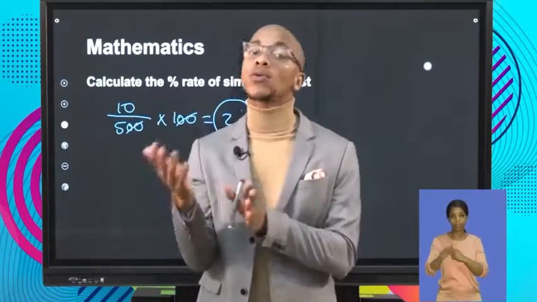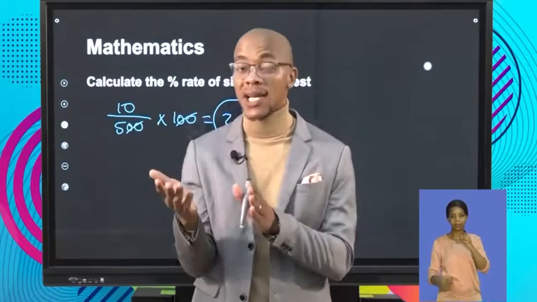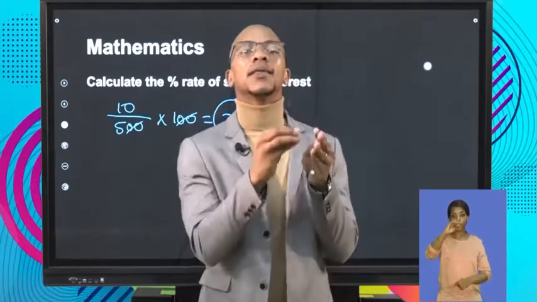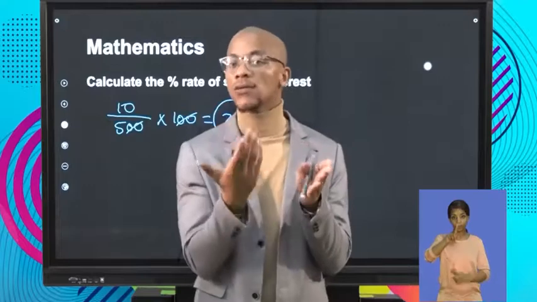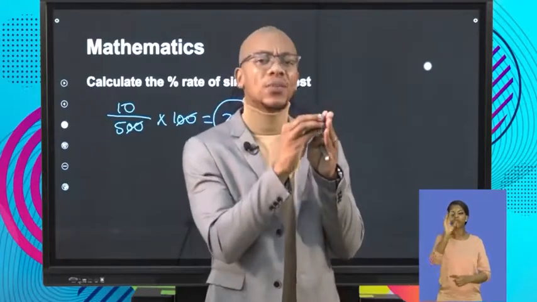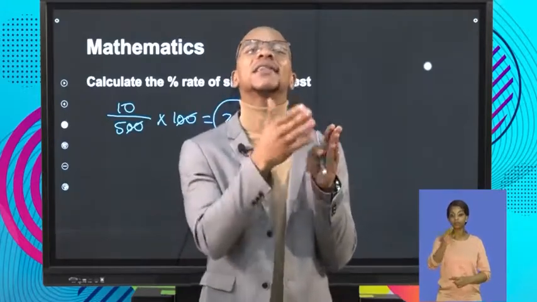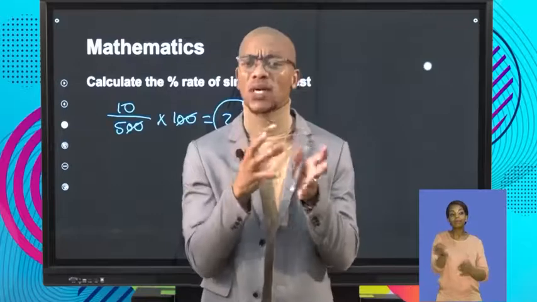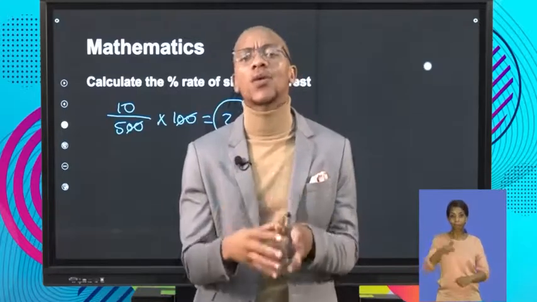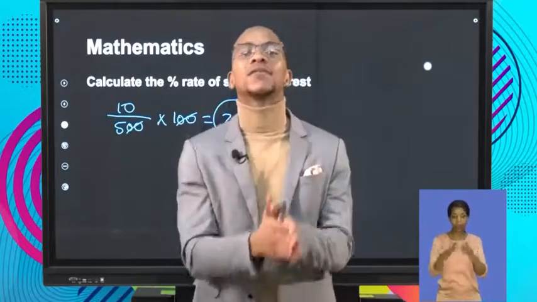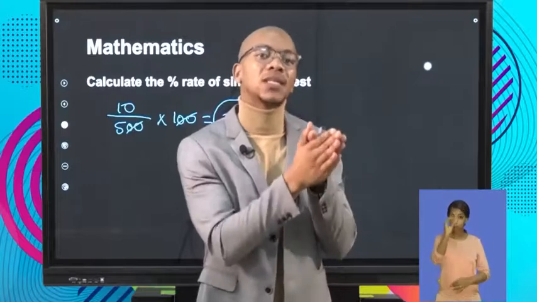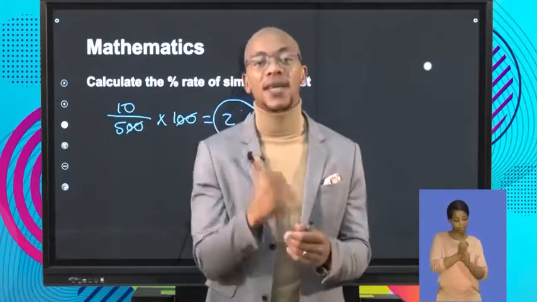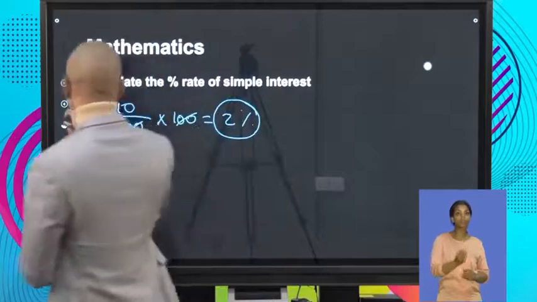Whereas if we go to compound, which we will go to at a later stage, this 2% will be 2% of what you have in the bank at that time, or in your piggy bank at that time. But with simple growth, it's 2% of the initial amount that you started with. And that's what we are looking at.